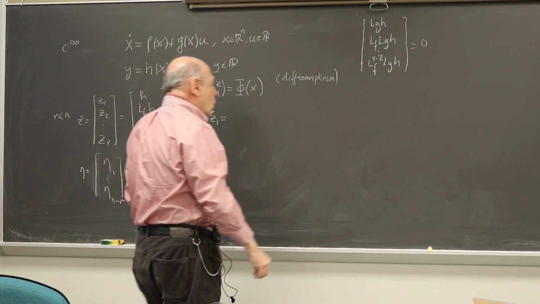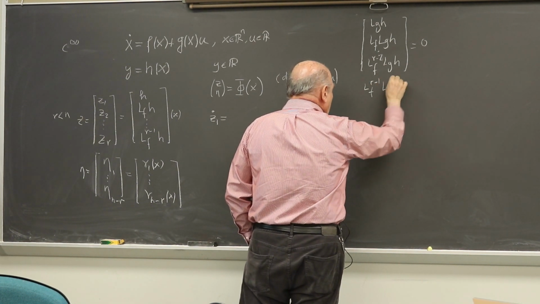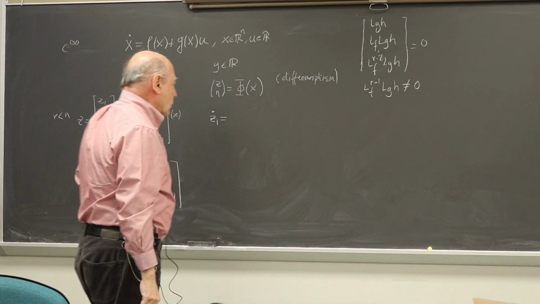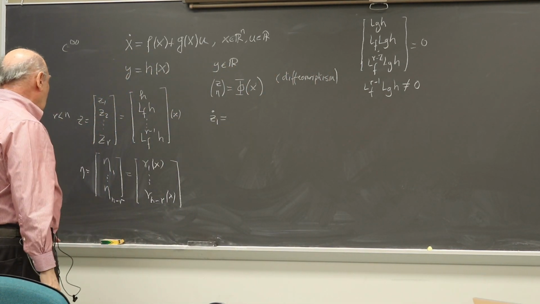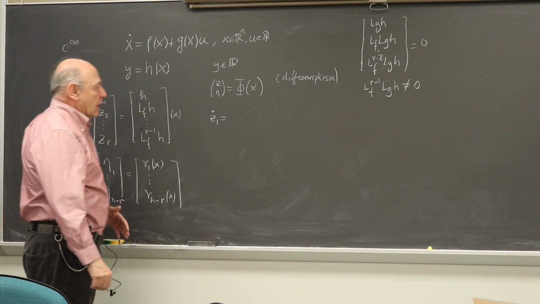And the last one, Lf r minus 1 of Lg of h, was different from 0. This was what we found imposing the condition that this output y had to be relative degree r.